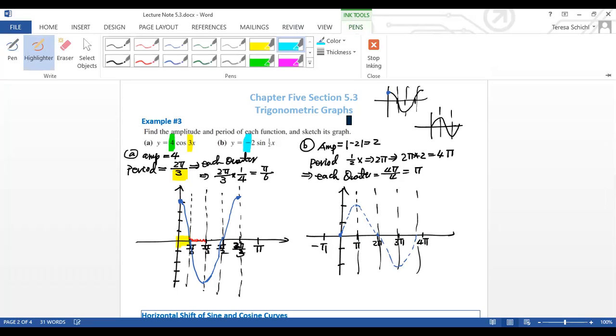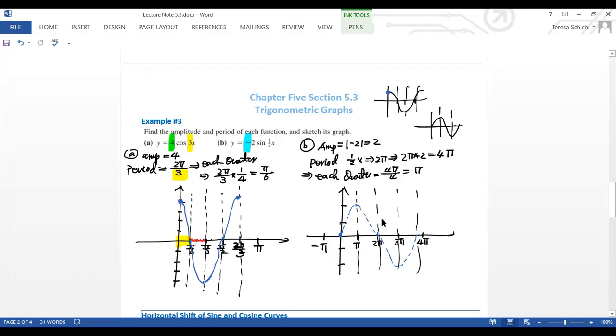So what is this negative sign? This negative sign we did many times. This is reflecting over the x-axis, right? So here the 0, 0 is still here. Negative 2 goes boom, reflecting over to here. 0 still here. Negative 2 goes boom, reflecting to the positive 2. Then the 4 pi is still here.